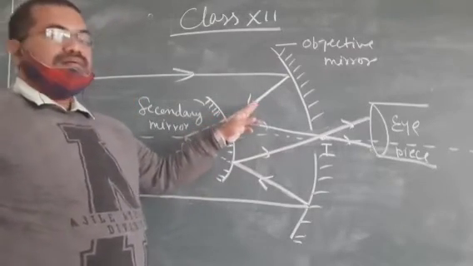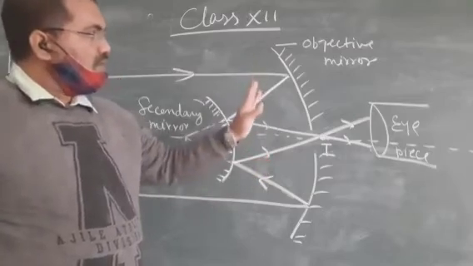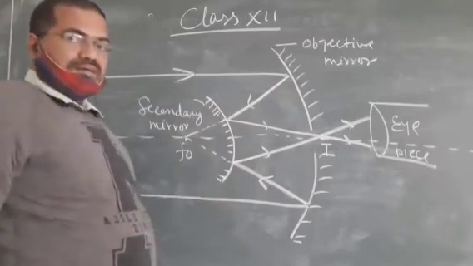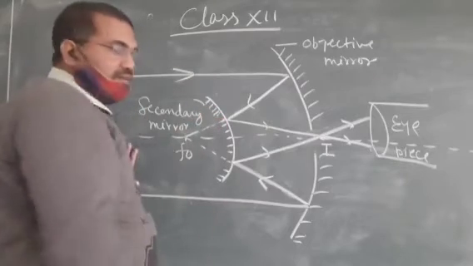But in between the reflected rays coming from concave mirror, there is a convex mirror. Second reflection will occur here.